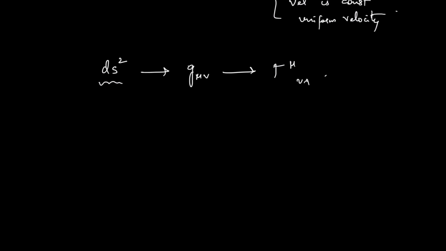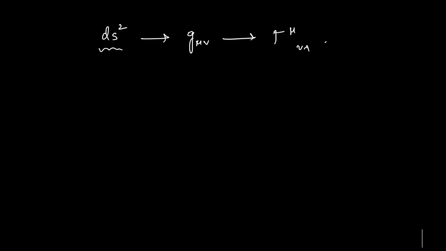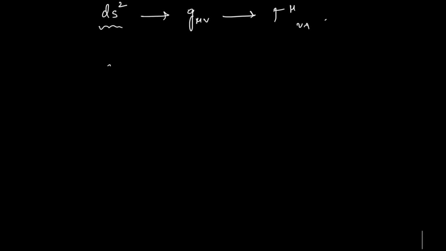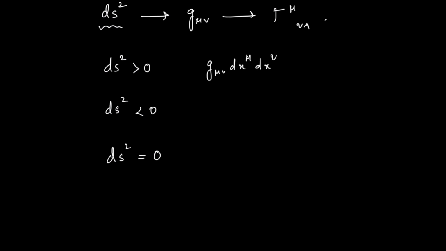Now, if we construct all the geodesics that are possible from a world point P, then they can be classified into 3 categories. That is ds square greater than 0, ds square less than 0 and ds square equal to 0. So if ds square is greater than 0, then g mu nu dx mu dx nu, this is ds square, should be greater than 0.